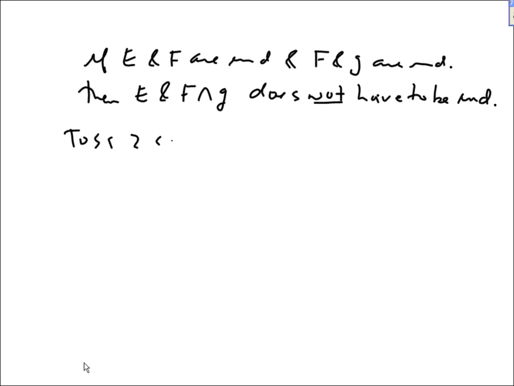You toss 2 coins. And E is, the sum is 7. And F is, the sum is 4. No, sorry. F is the result of the first toss is 4.